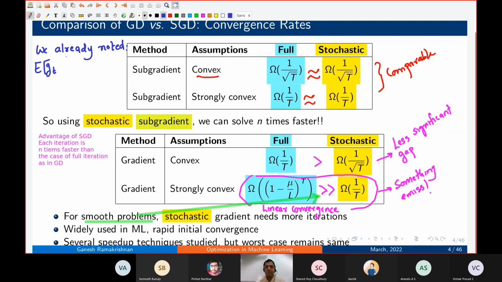I'll be using some notation in the next slide, but in anticipation, let's call this g tilde t. Given wt, the current set of parameters, it is the same as the expected value of the gradient as per the full update.